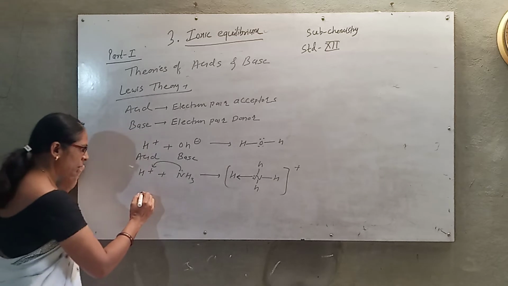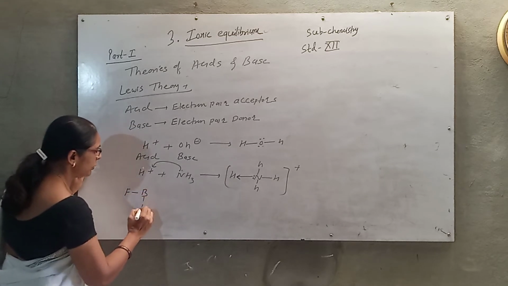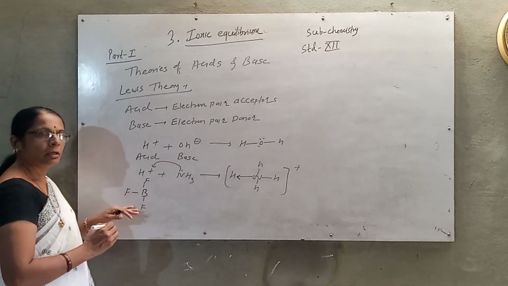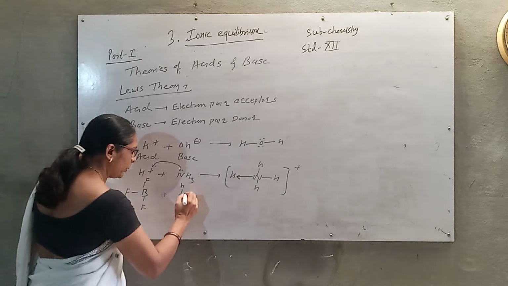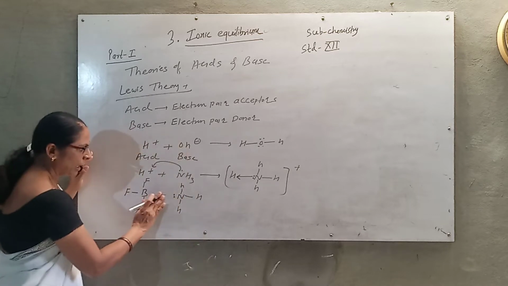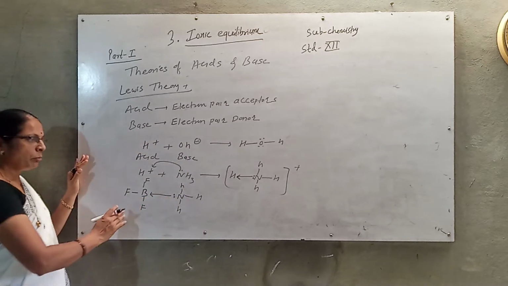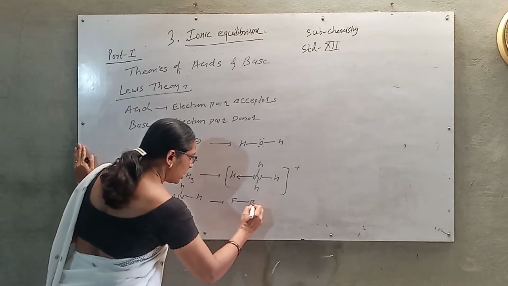For example, suppose I have BF3. BF3 is a Lewis acid because it has an incomplete octet and a deficiency of electrons. Ammonia has a lone pair of electrons. When ammonia donates its lone pair to the boron of BF3, BF3 accepts it, forming a coordinate bond.